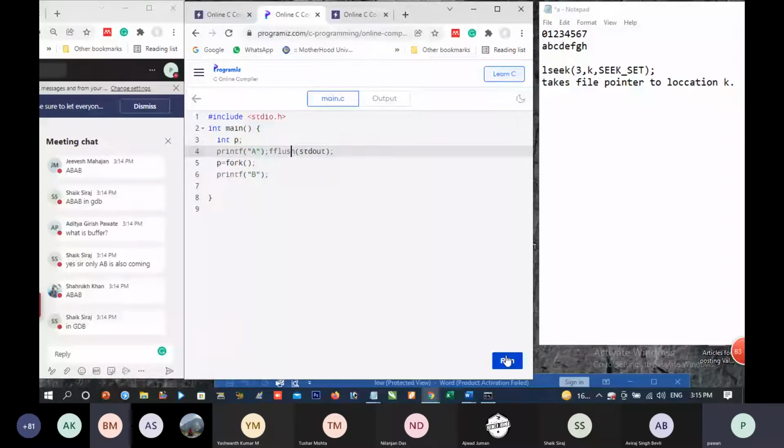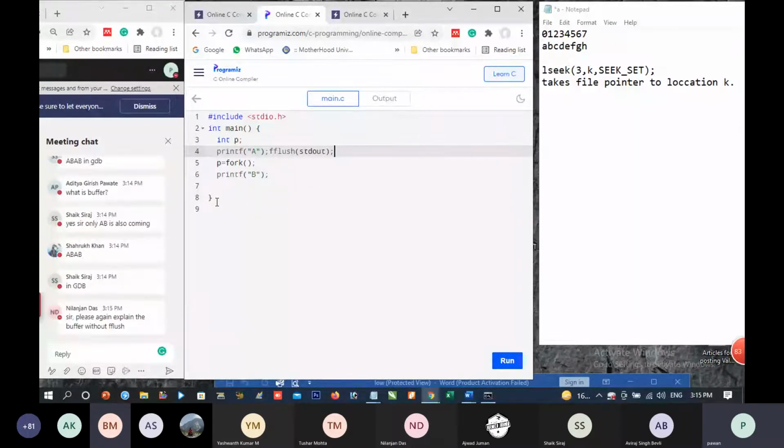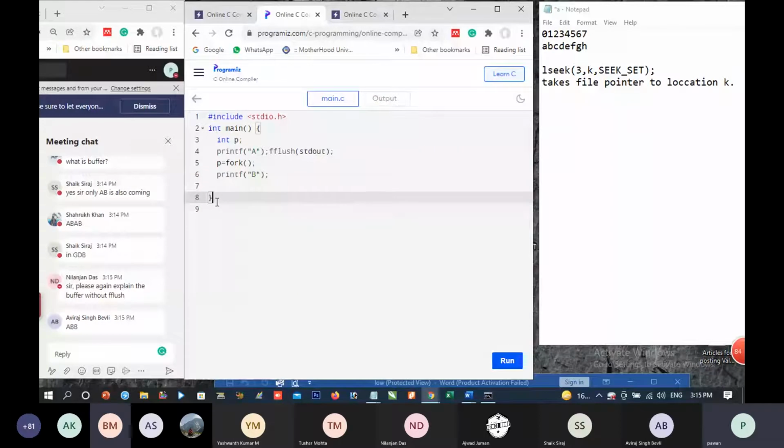Now it is getting corrected. Let us see what happens in GDB. Nilanjan, buffer is not so easy a thing to be taught. Buffer will take 2 classes. Is it correct? And I will be talking about the buffer a little bit later. I simply mentioned it here.